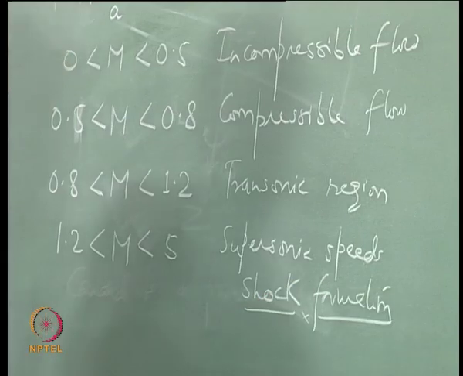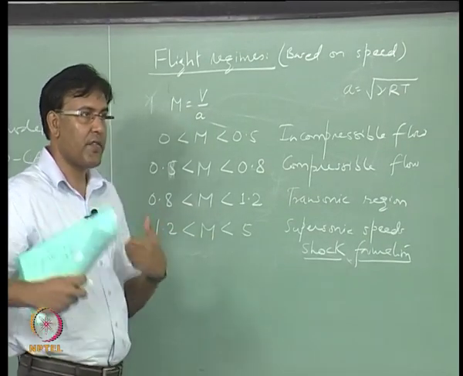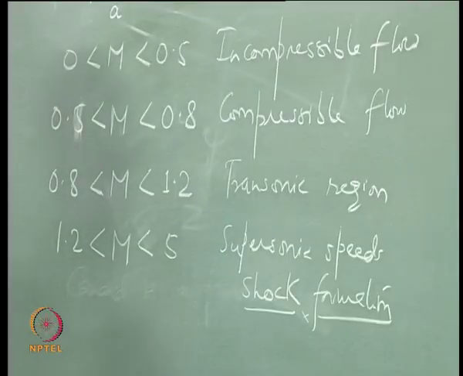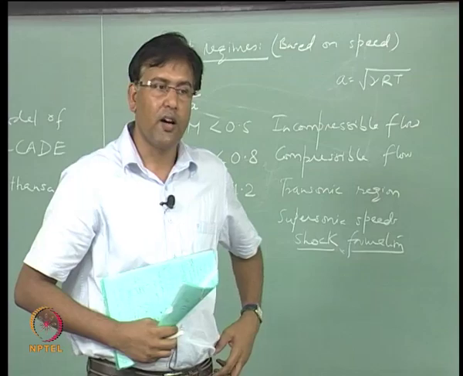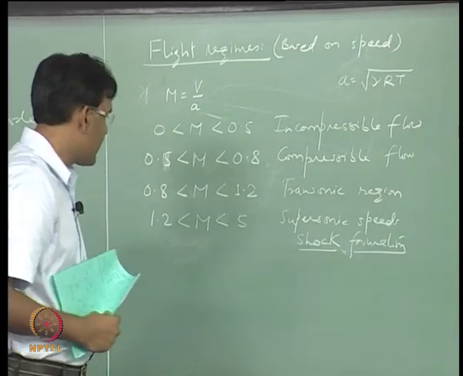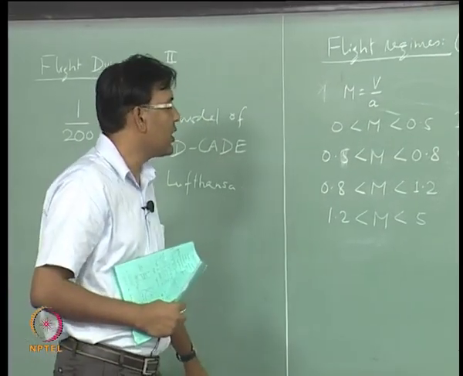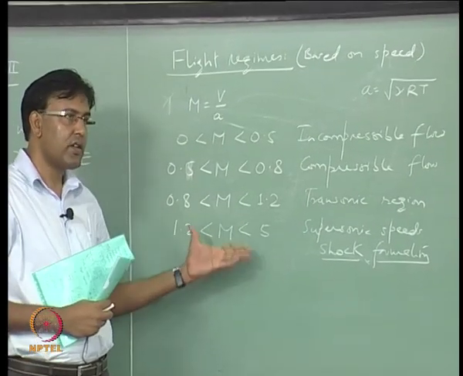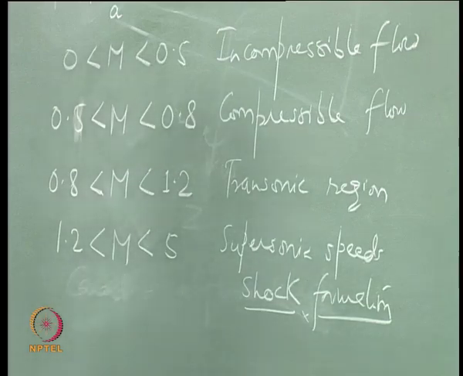So, depending upon what regime of speed we intend to fly for a longer duration. If you look at the typical flight profile, you have to start with low speed to take off, and then attain the height at which you want to fly your aircraft, and then increase your speed to the speed regime in which you want to fly your aircraft. And the third phase is landing.